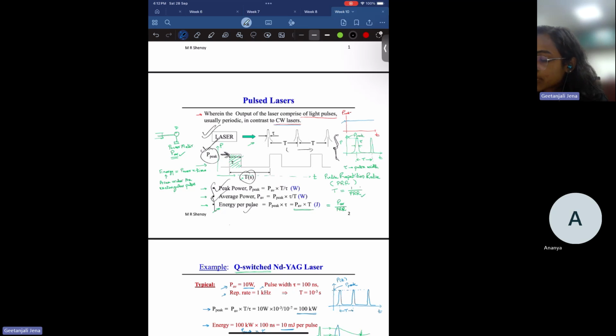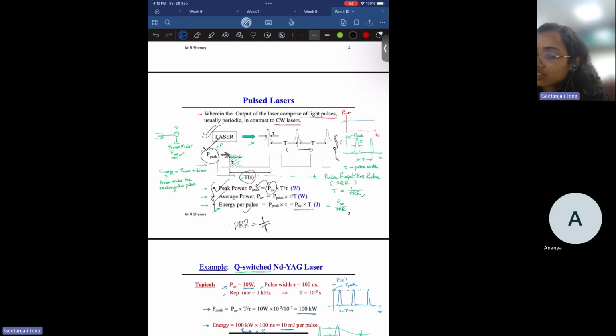The pulse repetition rate, PRR, is given by 1 by T. It tells how frequently the pulses repeat over one interval of time. If you are given P average, then you can calculate P peak, and from P peak, you can easily calculate the energy of the pulse.